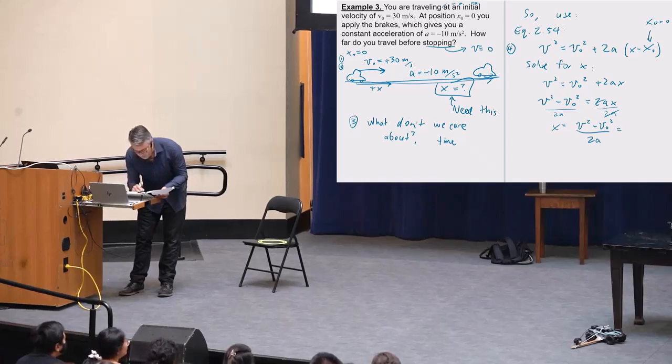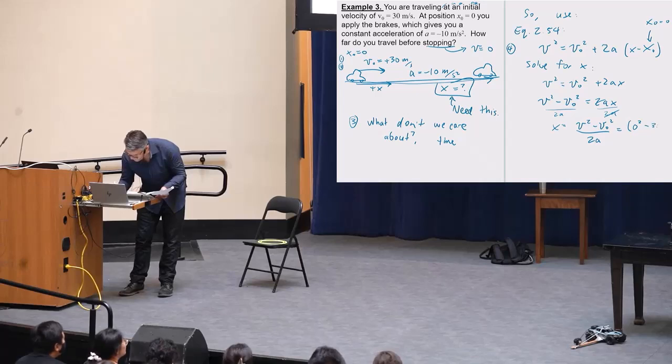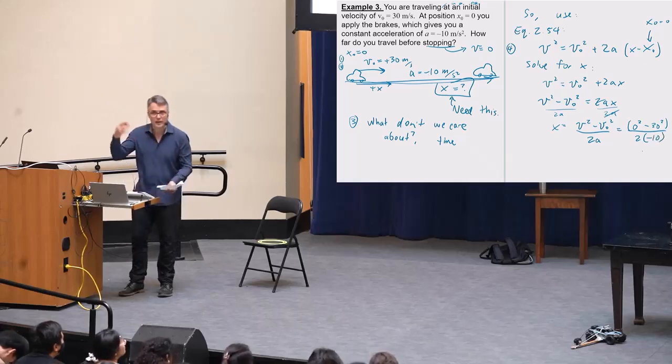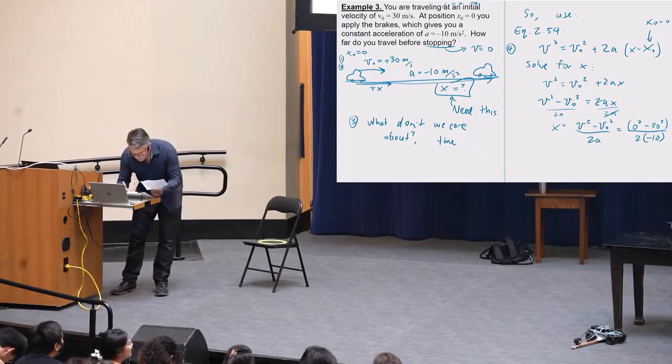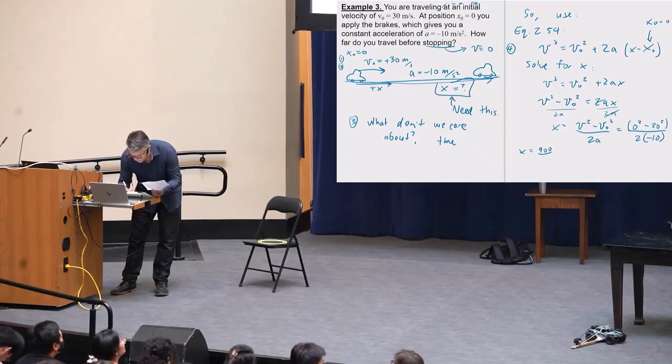Now we've got to plug all the numbers in. v is 0 squared minus v0, which is 30 squared, divided by 2 times the acceleration, which is minus 10. They're all in SI units, so I'm not going to write down the units in the calculation, but I get that x is equal to negative 900 divided by negative 20.